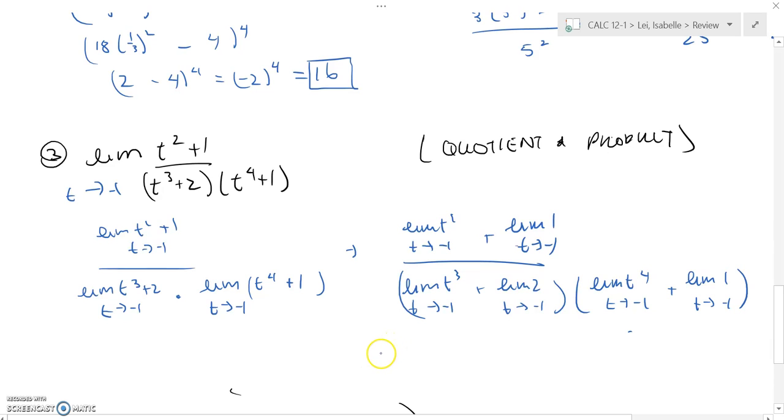Plugging in numbers, we get 1 plus 1 over negative 1 plus 2, times 1 plus 1. So 2 over 1 times 2 equals 1.